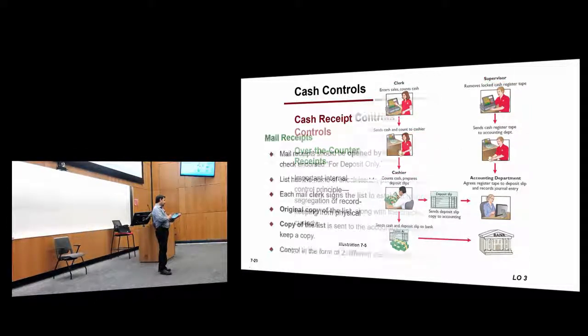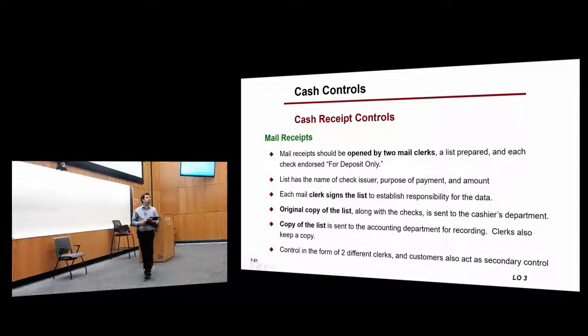Now the other type is when the company receives checks and has to deposit those checks. Usually these checks are opened by two clerks, two employees, not one. So unless the two were colluding, it is unlikely that someone would steal the check. Because there are two people, it's opened in front of each other, and they mark it for deposit only.